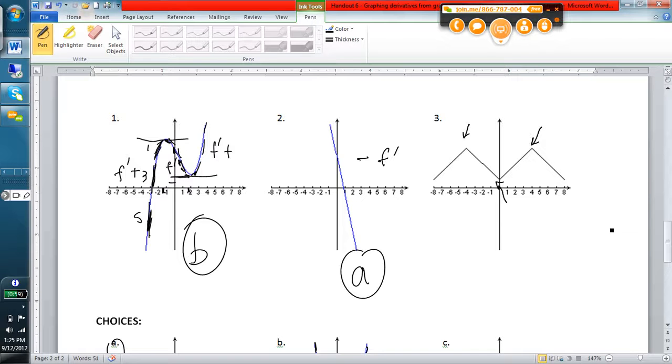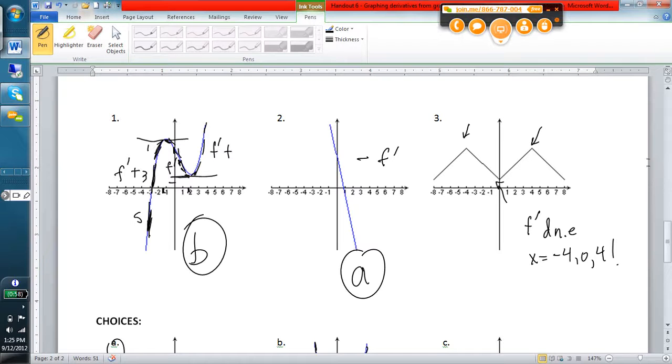The derivative does not exist at those corners, so f prime does not exist at -4, 0, and 4. On the graph of your derivative, you won't have any point there at -4, 0, and 4. Okay?